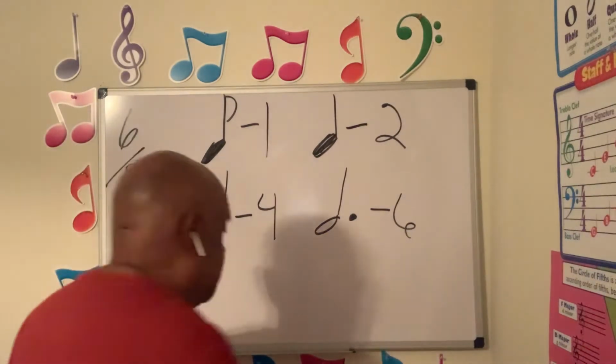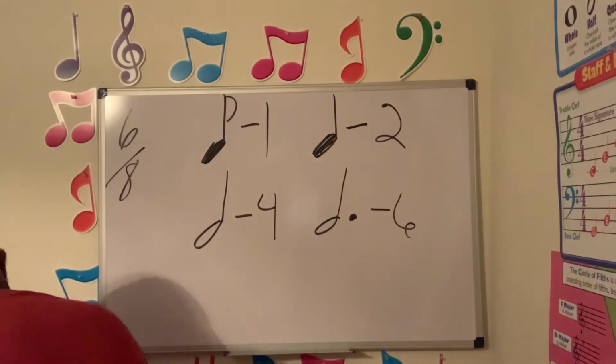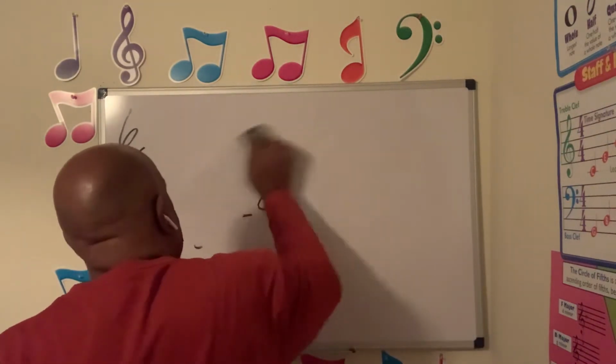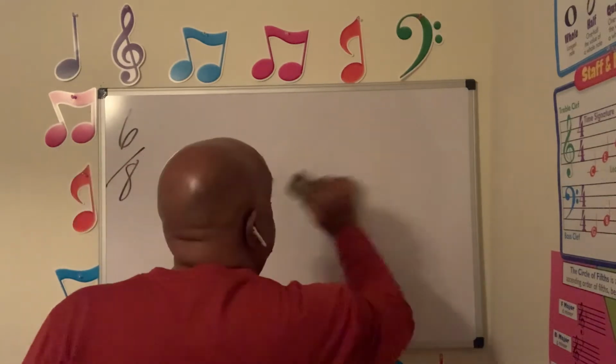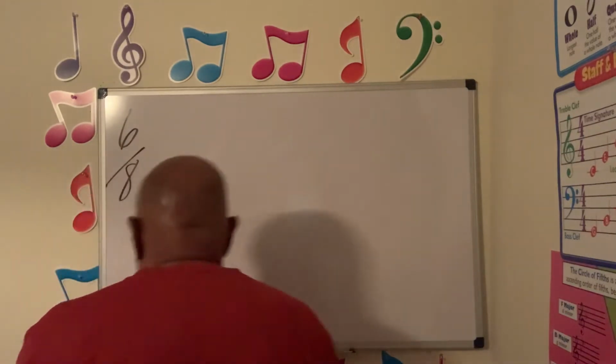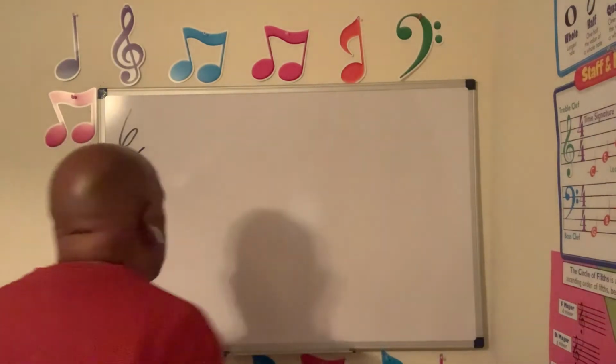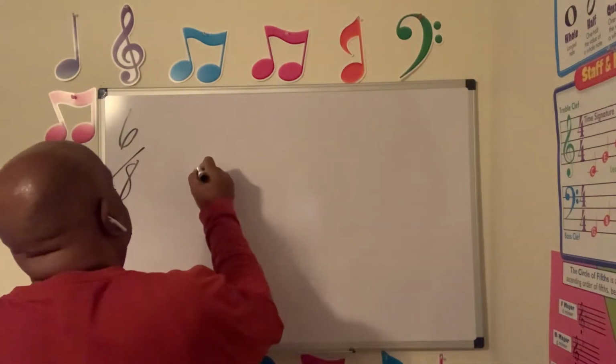All right, let's do a couple of rhythms that deal with 6/8 time, so you can get an understanding as to how 6/8 time works, because remember, note values change in 6/8 time. Let's put a rhythm up here.